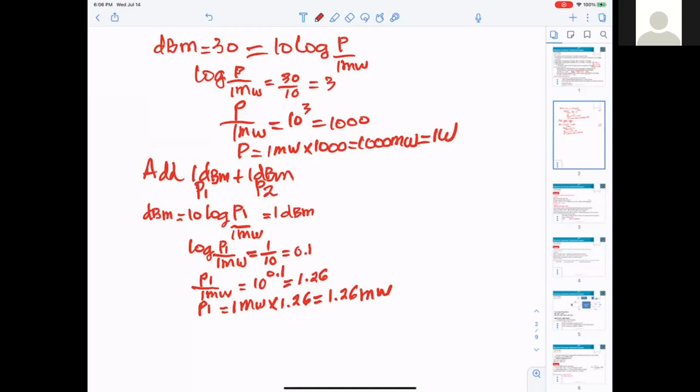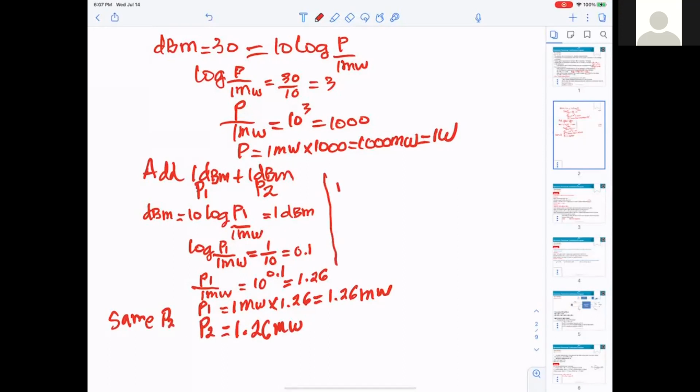No? So if you do the same for P2, then you get P2 also equal to 1.26 milliwatt. Okay, and now you can add them.